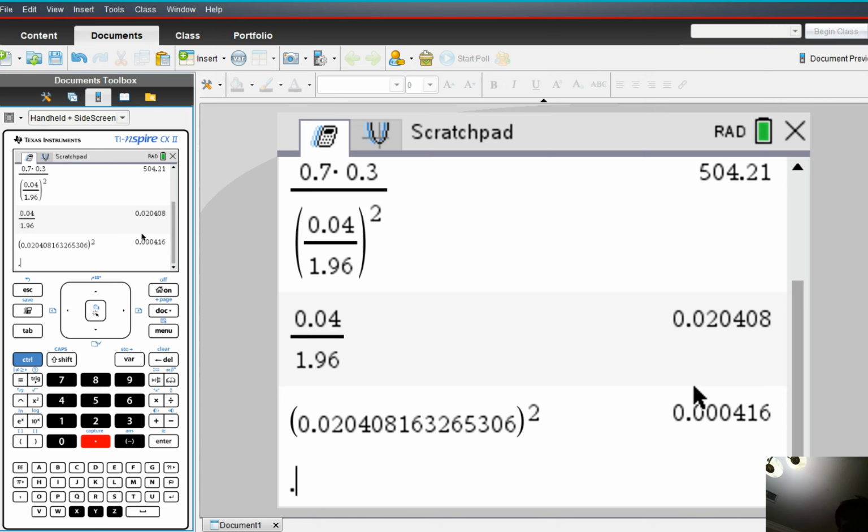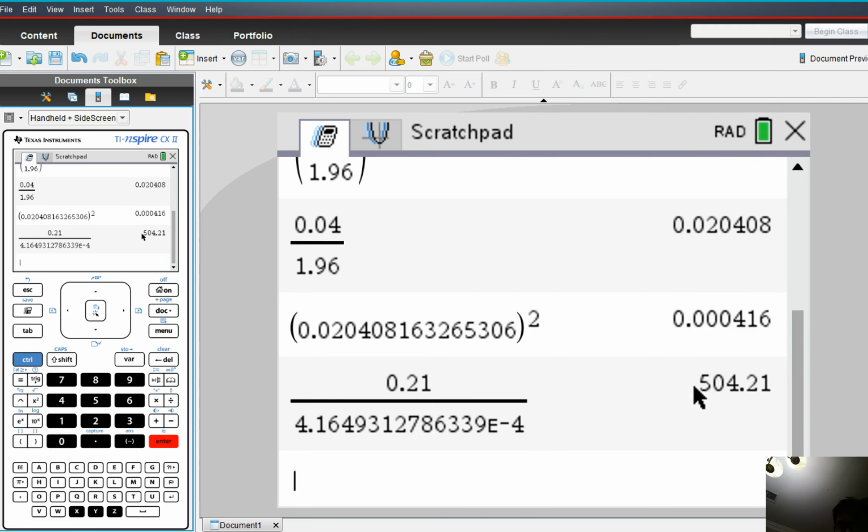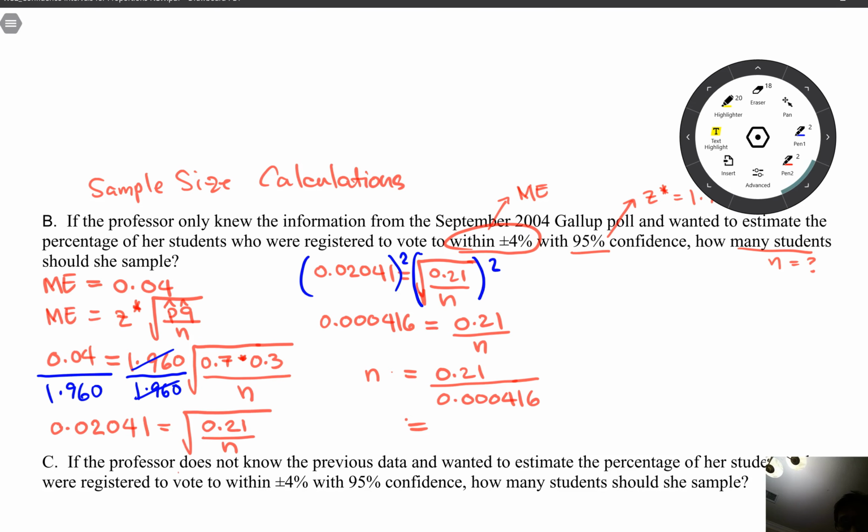So we got 0.21 divided by this one right here, and that's 504.21. So n is 504.21, and since this is the number of students, you can't have 0.21 student, we are going to round up to 505 students. Then we finish with the sentence.